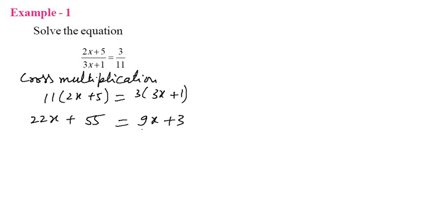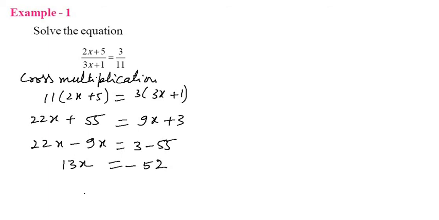Now 9x is shifted to the left hand side, so 22x becomes minus 9x. And 55 is transferred to the right hand side, so 3 minus 55. Here is 22 minus 9, so what will happen? It is 13x, and here is minus 52.